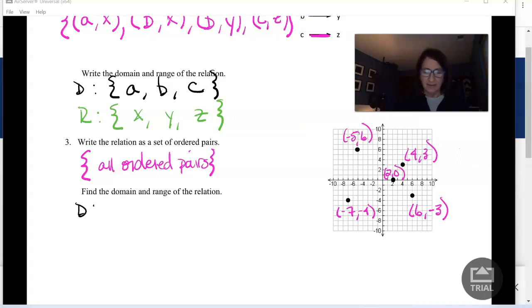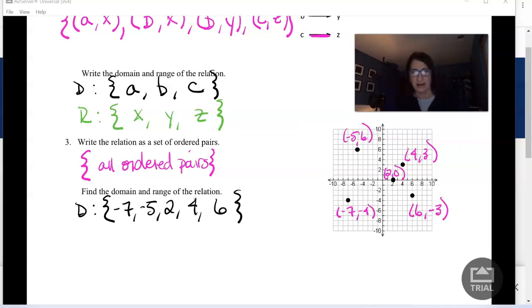So for the domain, you should have gotten -7, -5, 2, 4, 6, and with squiggly brackets. And then for our range, we would start with squiggly brackets, and you've got -4, -3, 0, 3, 6.